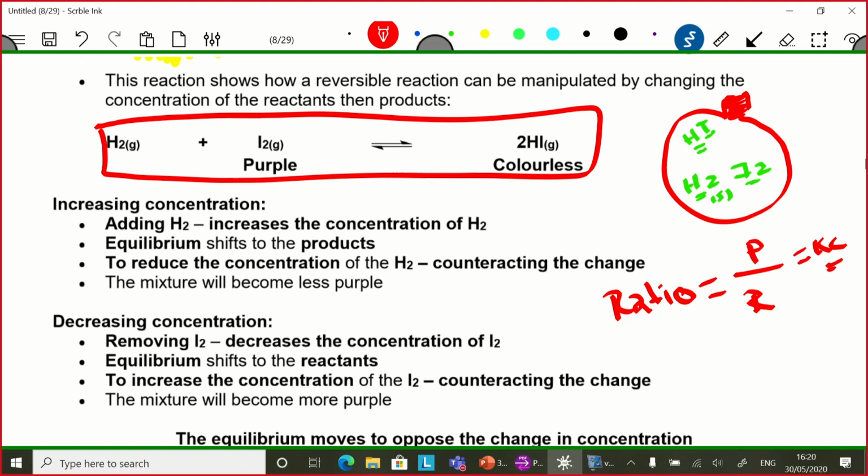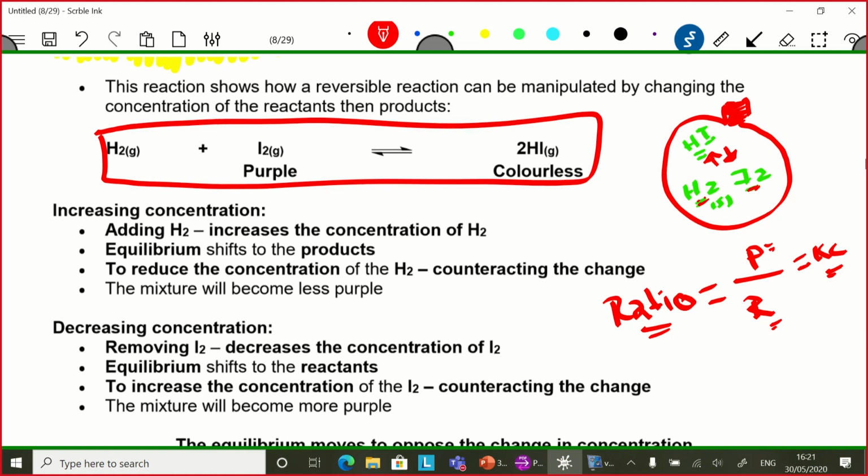So every reversible reaction is going to keep going until it reaches this ratio, and this ratio is not fixed. It's specific for each chemical reaction. So that means the hydrogen and the iodine are going to keep reacting to form hydrogen iodide until the amount of the product divided by the reactant reaches a value.